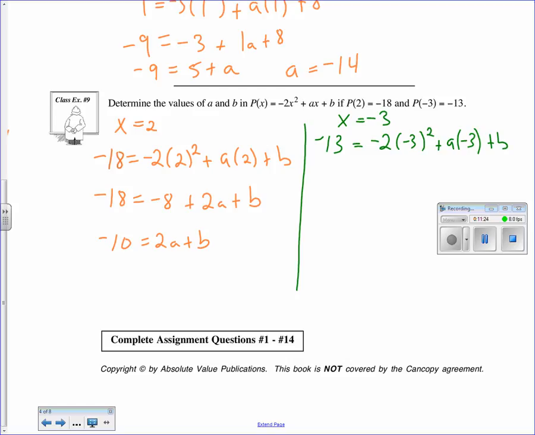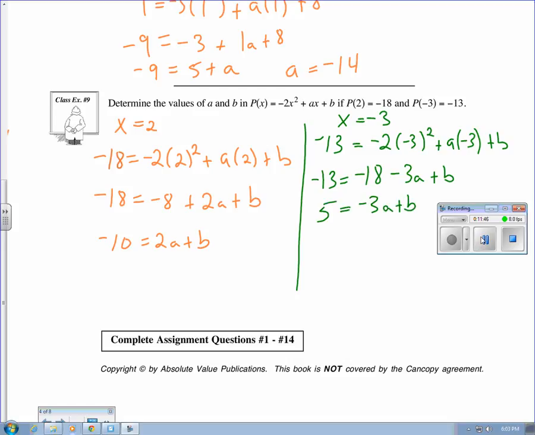I think I found the dead spot, perhaps. I've kidnapped Mr. Wallace's sound system. So negative 3 squared is 9, and 9 times negative 2 is negative 18. I now have a negative 3a and a plus b. Add 18 to both sides. That gives me 5 is equal to negative 3a plus b.